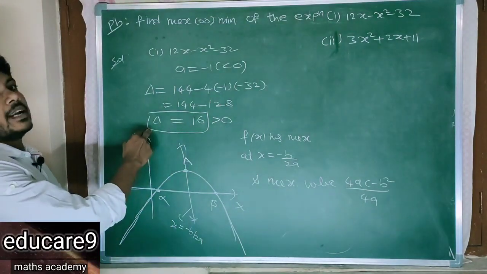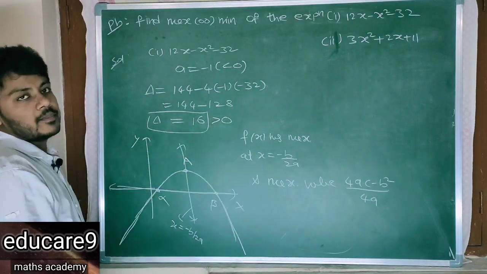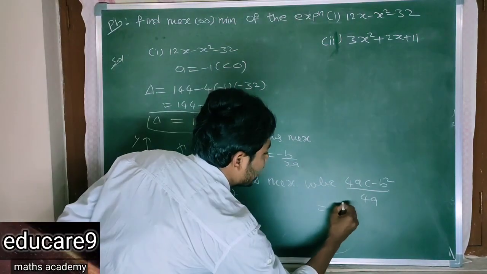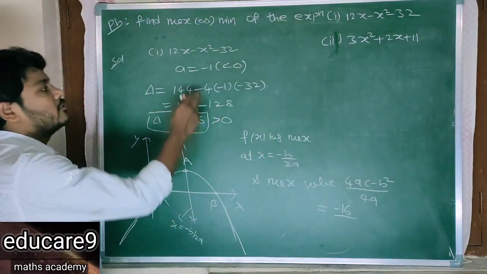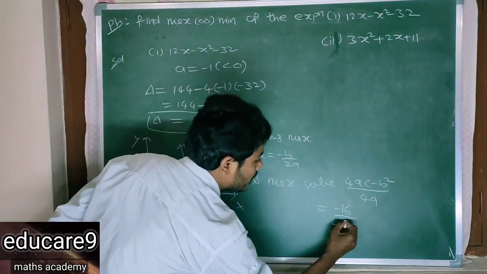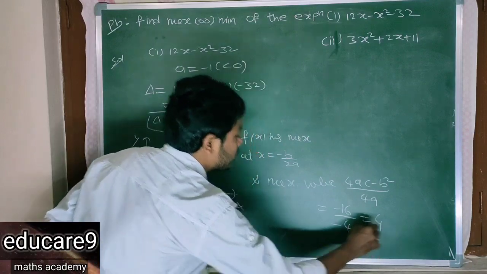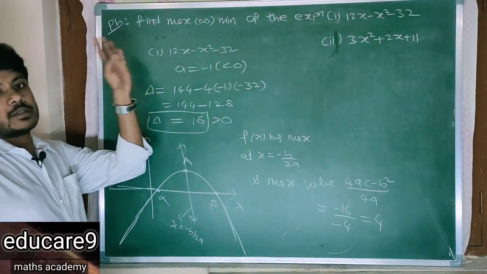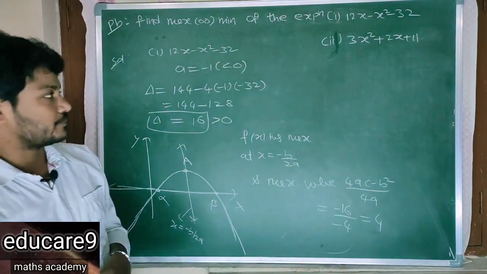See here, b square minus 4ac is 16, so 4ac minus b square is minus 16, and 4 into minus 1 is minus 4. This is 4. Therefore, the maximum value of this expression is 4.